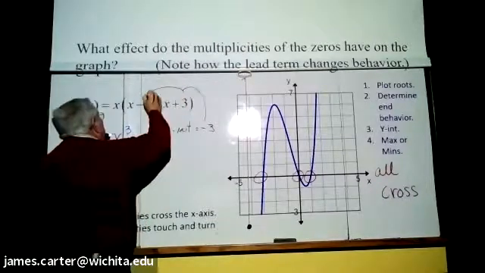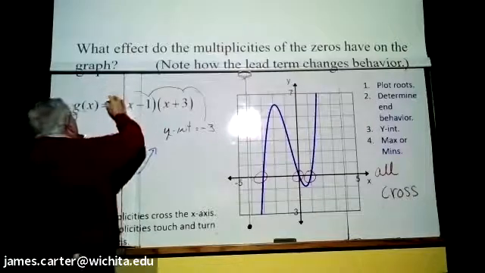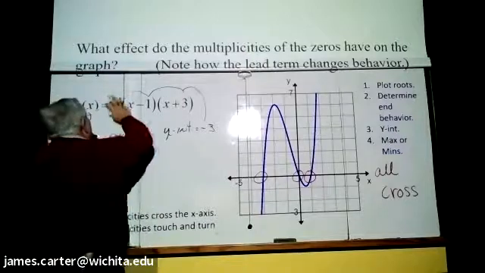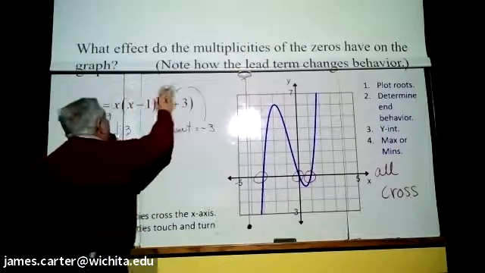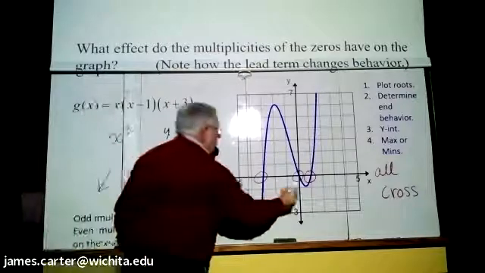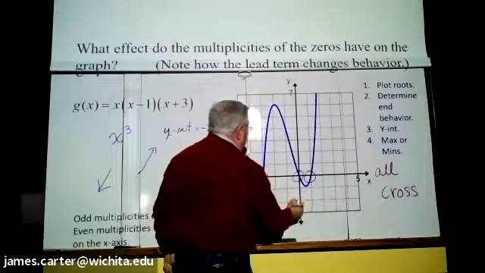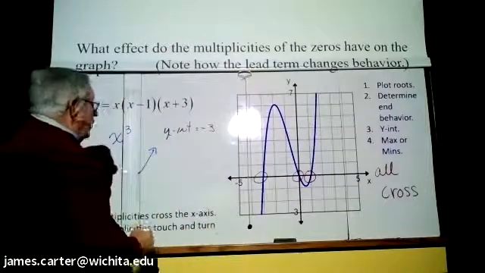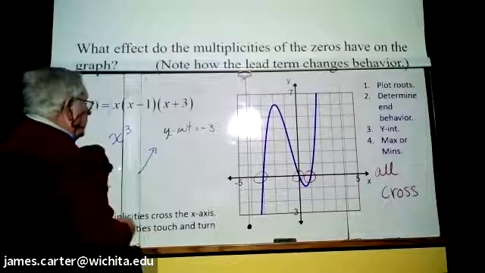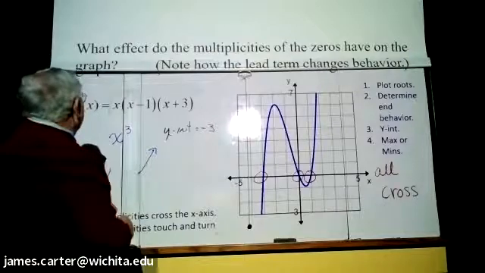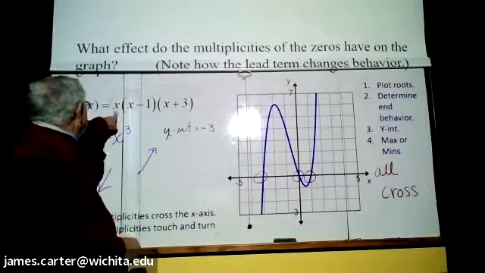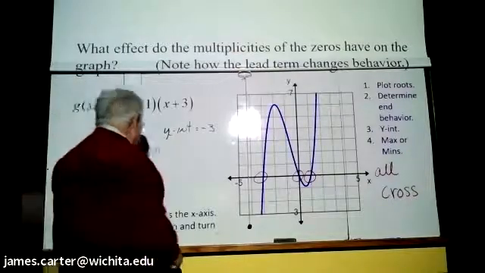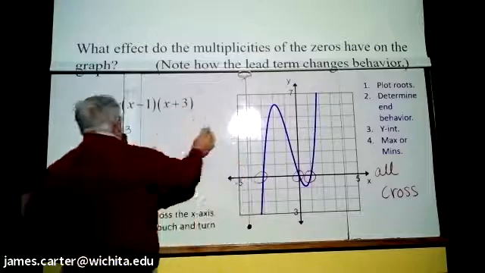Here, here, and there. Okay, the y-intercept. In this one, it said it should be 3, so they don't have this thing drawn exactly correctly. The y-intercept on this one, oh, is 0. I got careless.